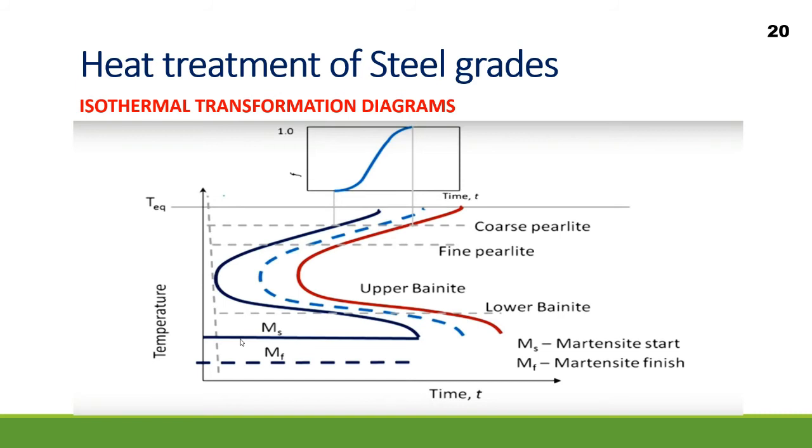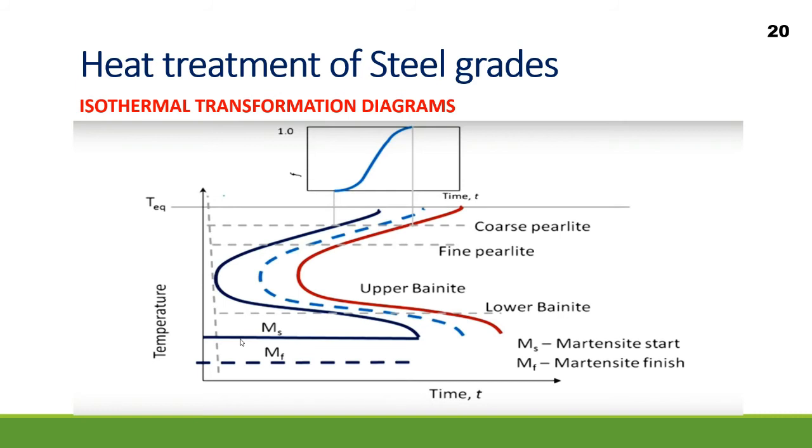The martensitic transformation occurs when the quenching rate is rapid enough to prevent carbon diffusion, and any diffusion would result in the formation of ferrite and cementite phases.